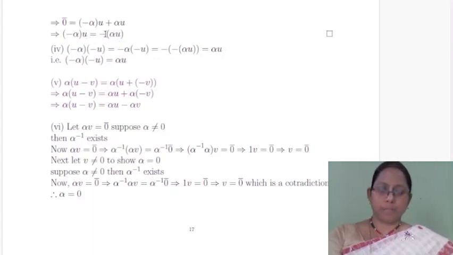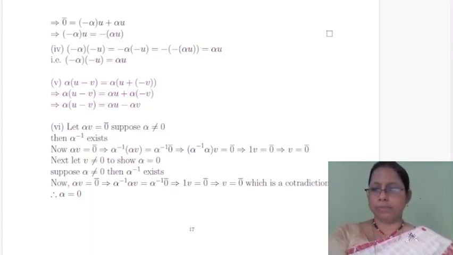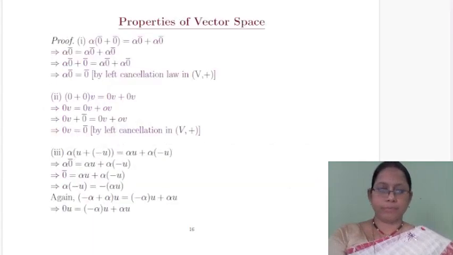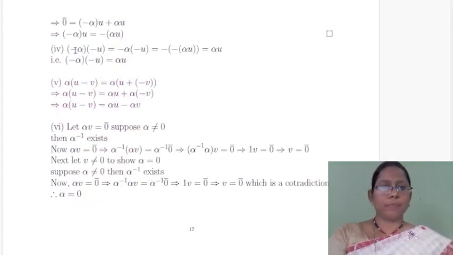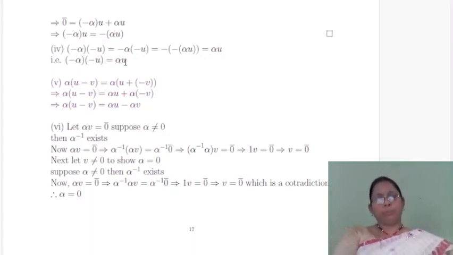Again, by this property on the right hand side, I'm getting minus minus of alpha u. Minus minus becomes plus, that is alpha u. Finally, I get the property minus alpha minus u is alpha u.